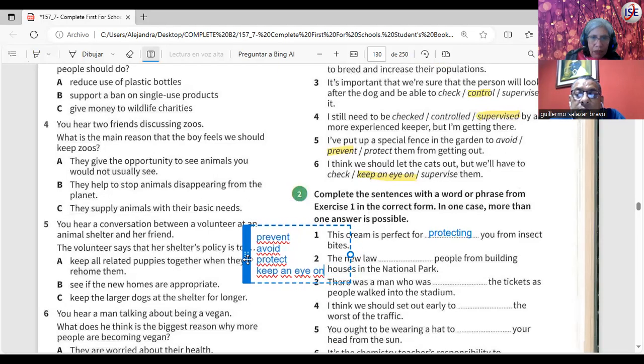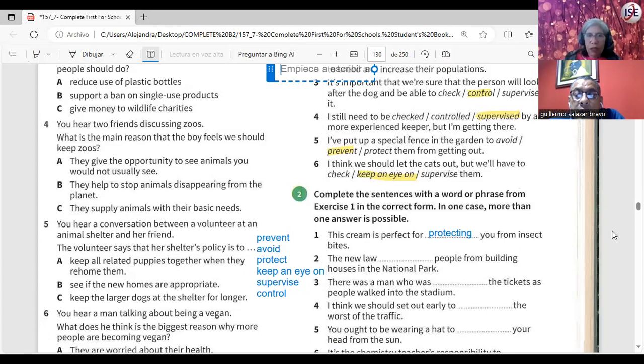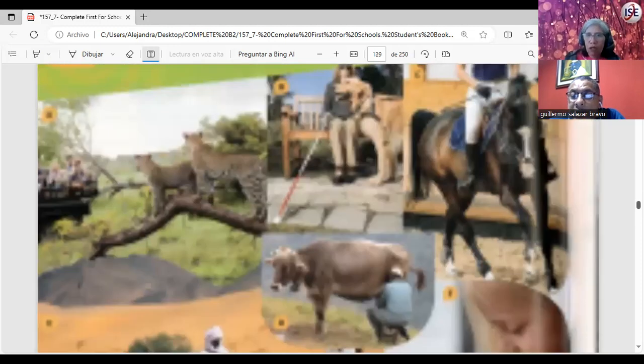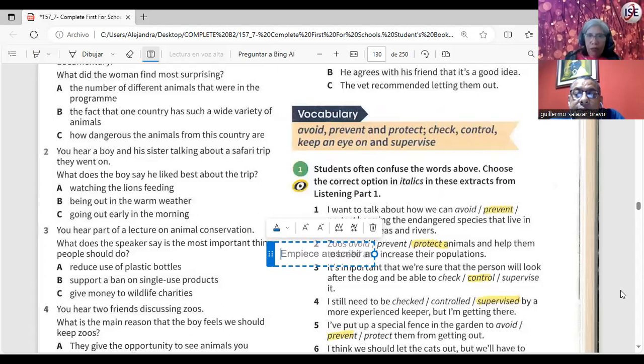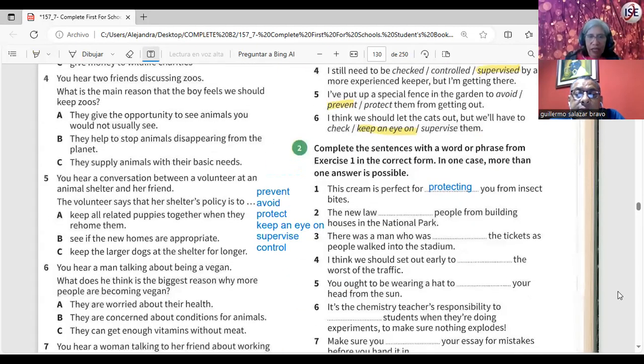I'm writing, copying the words here. Prevent, protect, avoid, supervise. Camilo, prevent. Wait. Control. I think they are the words we need. Avoid, prevent, protect, check.